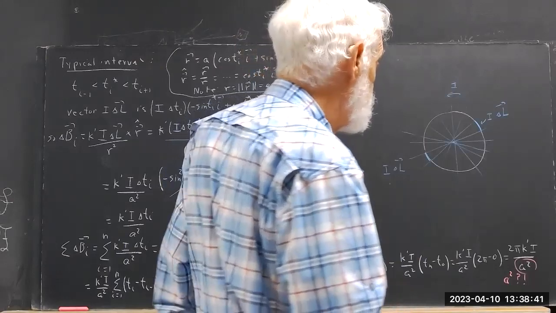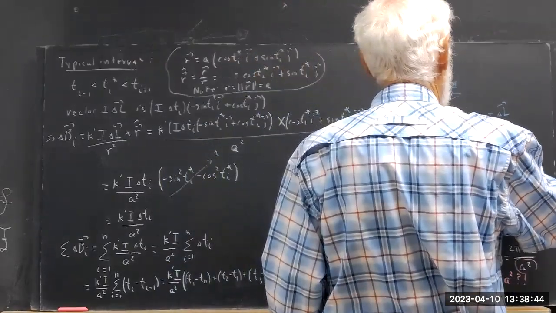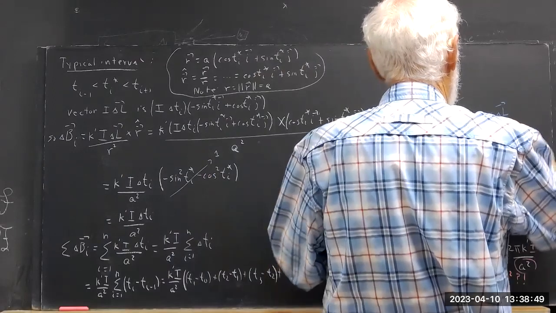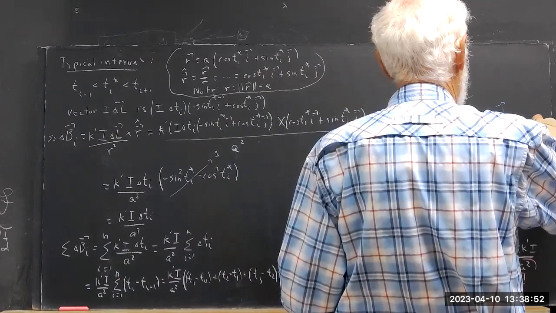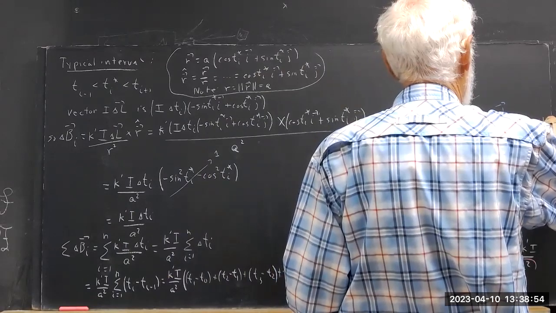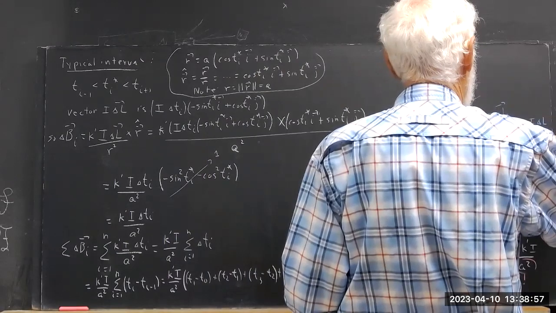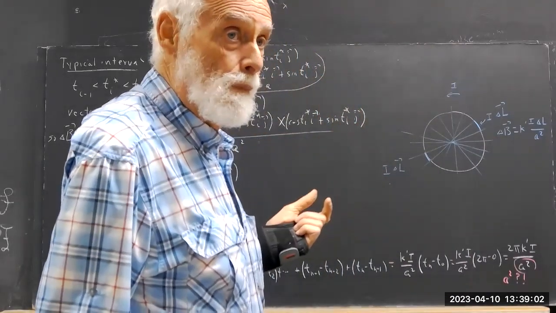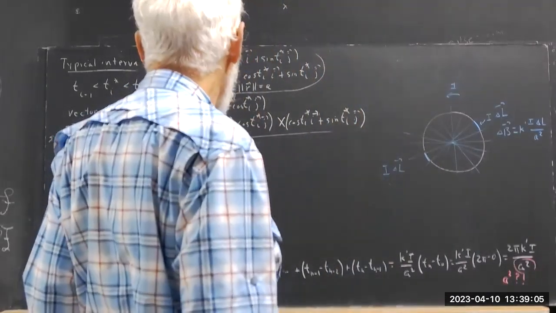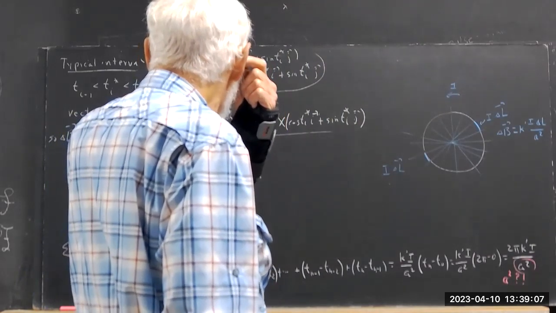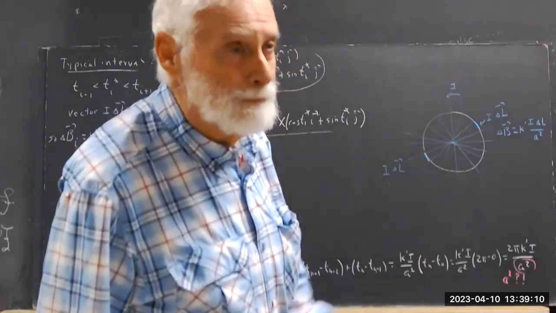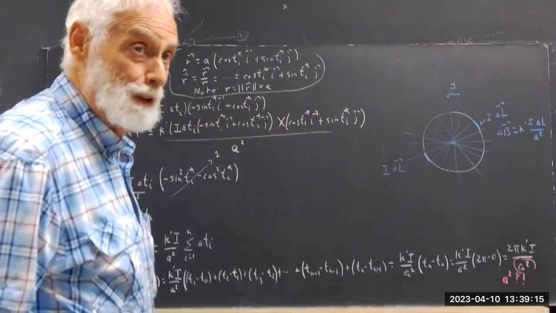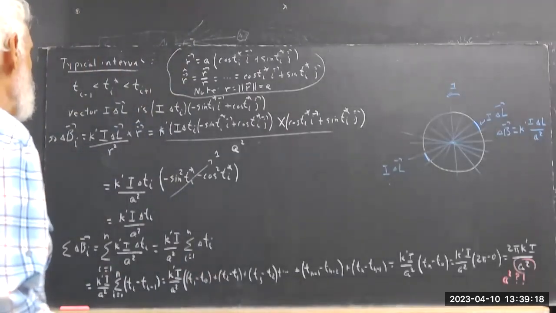And the delta B. If I did this, something would go wrong. What did I do wrong here?